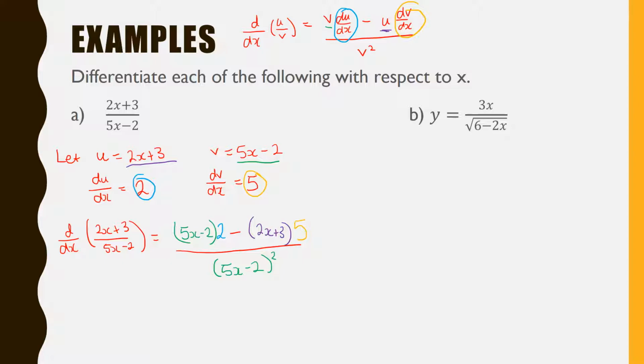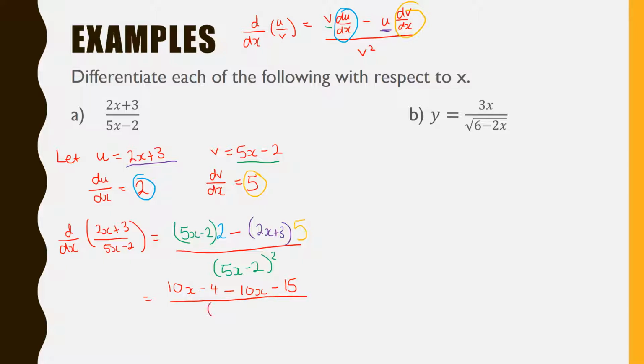Like I've said before, our answers need to be either fully expanded or fully factorised. Let's expand the numerator. That would give us 10x minus 4. Now, if I'm expanding here, negative 2x times 5, that's negative 10x. And then negative times 3 times 5 is negative 15, all over the denominator.